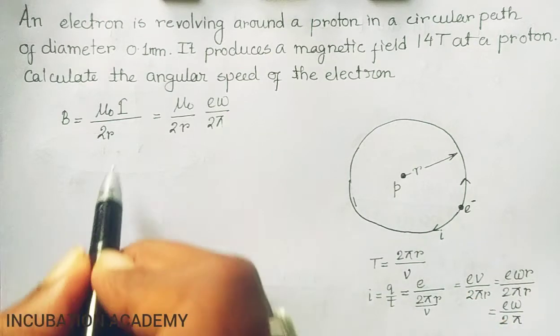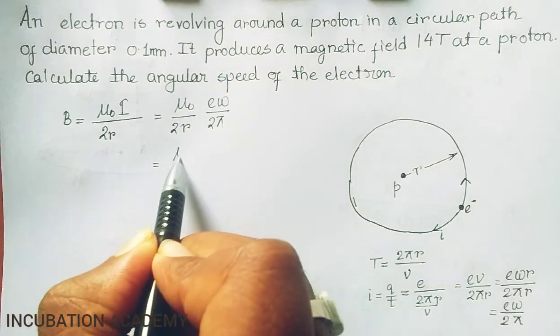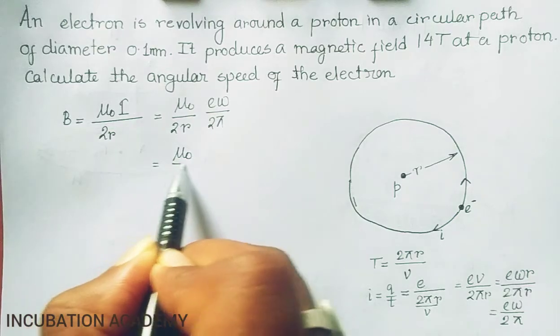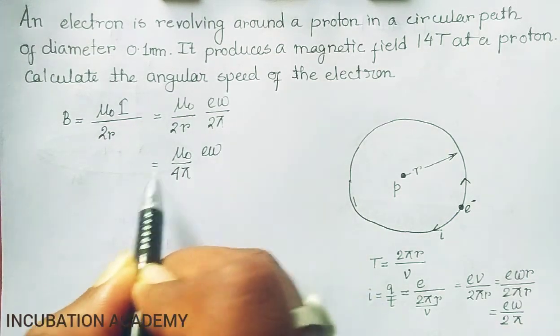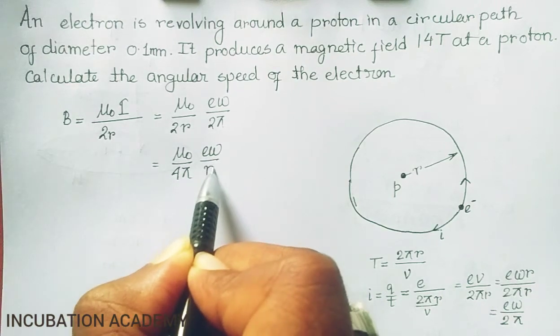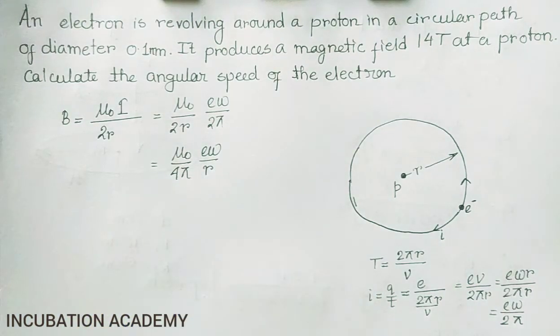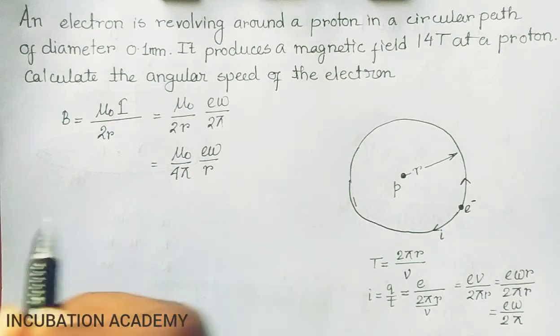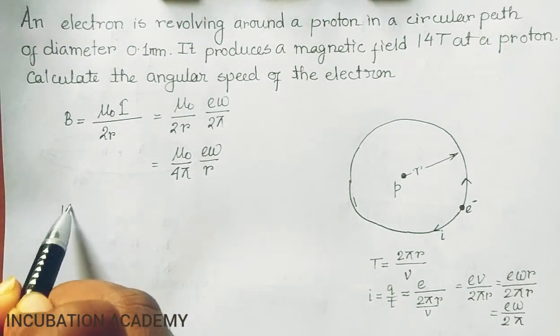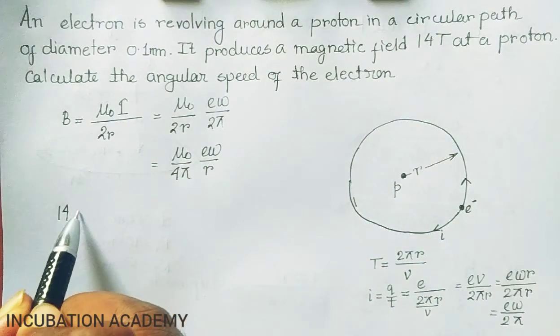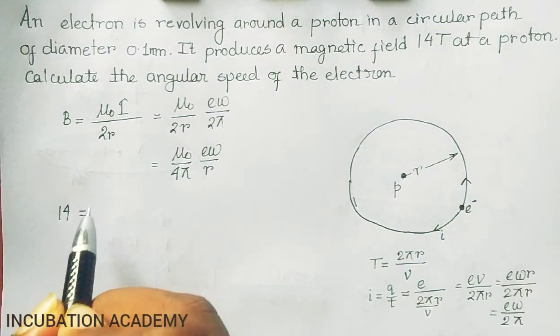So we can write mu naught divided by 4 pi times e omega divided by r. Now putting in all the values, the magnetic field is 14 Tesla at the position of the proton. I am putting this 14 here.